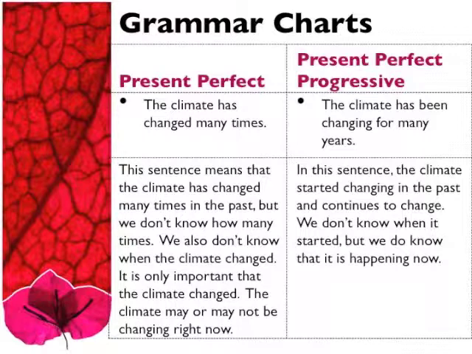And we don't know if the climate is changing now or not. If you look at the present perfect progressive, the climate has been changing for many years. This sentence states that the climate started changing in the past and continues to change. We don't know when it started, but we do know that it is happening right now, and that's what's important.